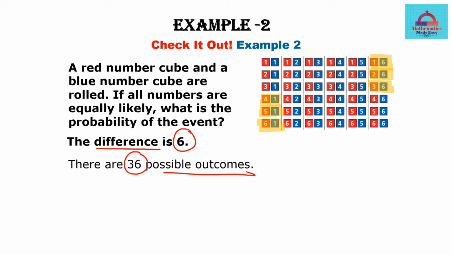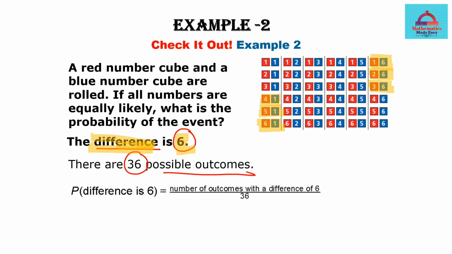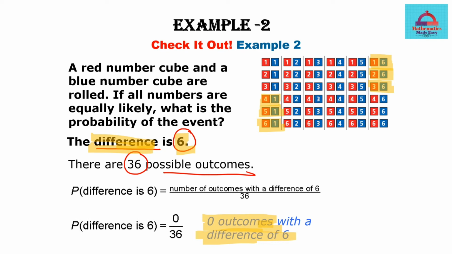So nowhere out of these 36 outcomes can we observe that the difference is 6. So this looks like an impossible event because for the difference 6 there is no favorable outcome. So we can conclude that there are 0 outcomes which have a difference of 6. If such an event has 0 possibility, then such an event is called an impossible event.